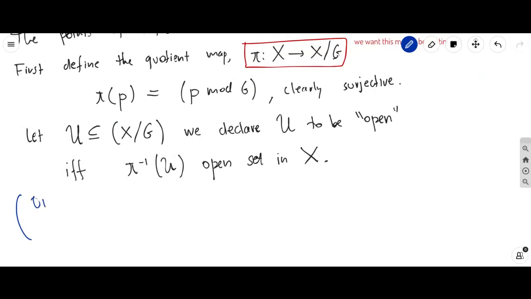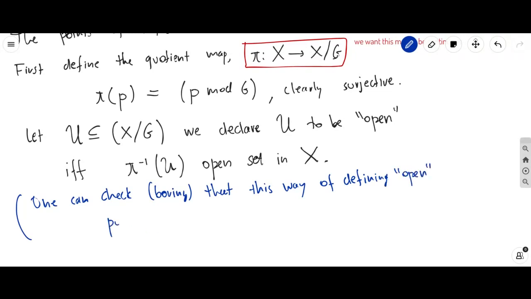So one can check, and this is kind of boring, that this way of defining open puts a topology on X mod G. The properties of a topology: if you have two open sets, their intersection is open, the empty set is open, the entire space is open, and so on. Not very exciting.